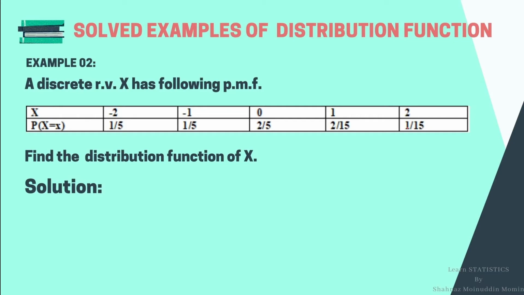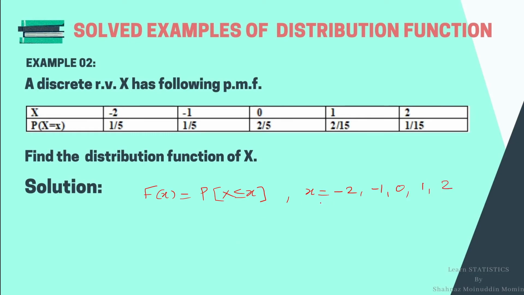So let us start with the distribution function. Similar to example number 1, by definition of CDF, F(x) equals probability x less than or equal to x, for x equal to -2, -1, 0, 1 and 2.